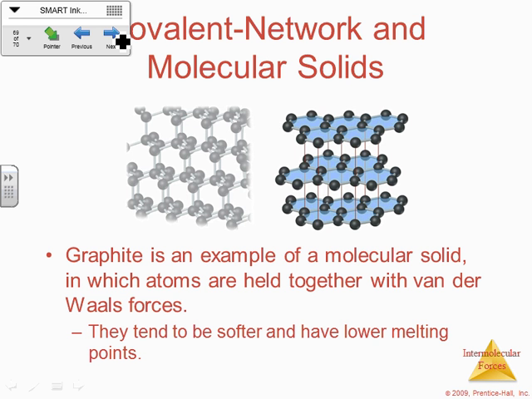The other one is carbon that is covalently bonded within the plane, but in between the planes, it's bonded with just intermolecular forces. In other words, LDF. So that's why it's easy to push the layers apart, and that's why graphite crumbles the way that it does when you use it to write.